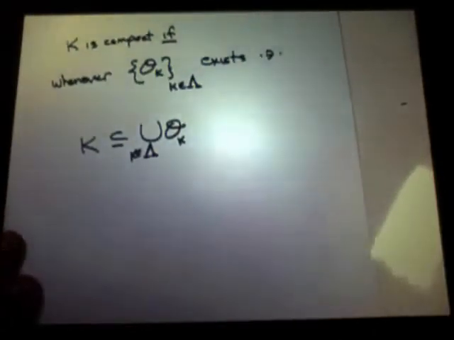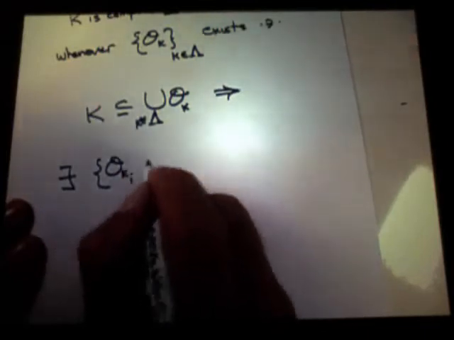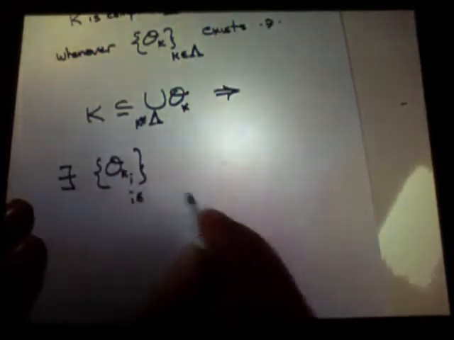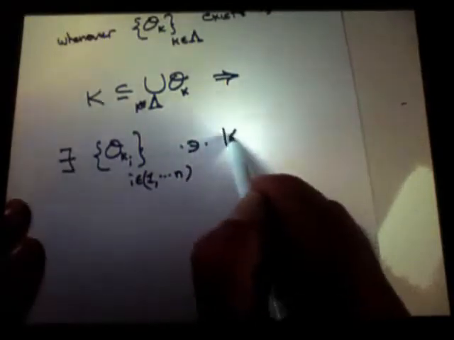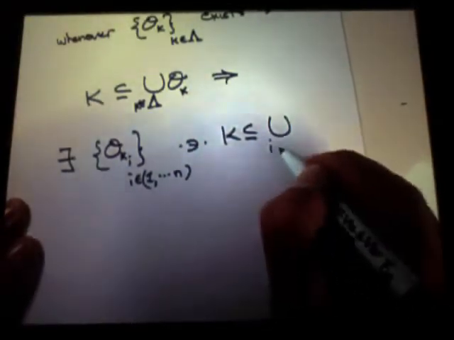okay, that implies that there exists a finite number such that K is still contained in the union.